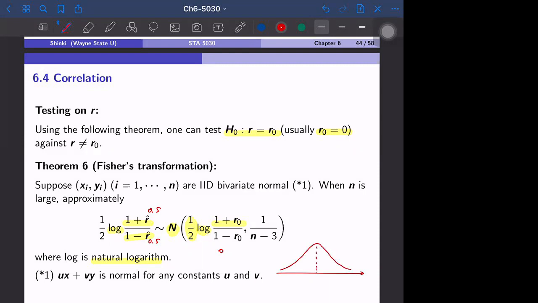This is the normal distribution centered here, and we can test if r is equal to r naught or not. Think about the rejection region. If the significance level is alpha, we have the area of alpha, and the rejection region is here and here. In this way, we can test the correlation coefficient.